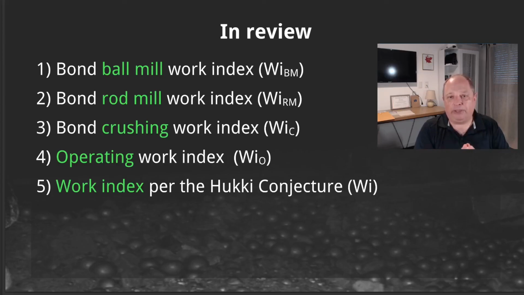There's an operating work index which you can measure in your operating plant, and you can compare that to the laboratory work indexes to try and get a sense of the efficiency of your plant. And then finally, we've got the more generic work index as part of the Hucke conjecture universe of grinding models. And that fifth one, the least useful one, is actually what the work index is. It's the most generalized of all of these work indexes.